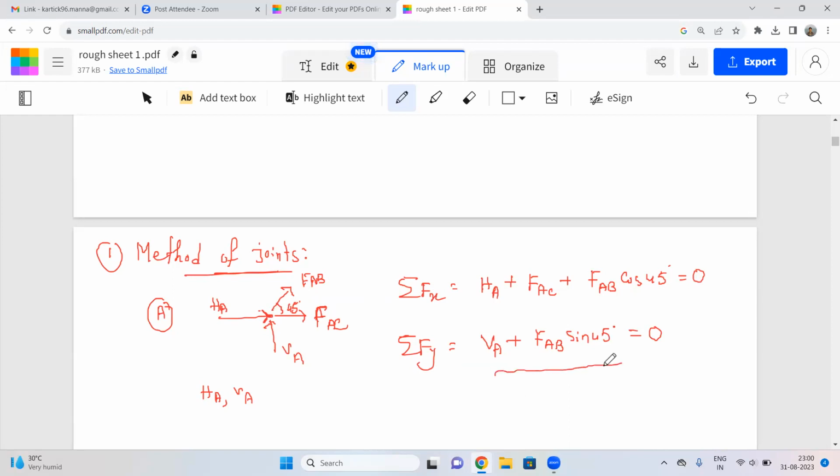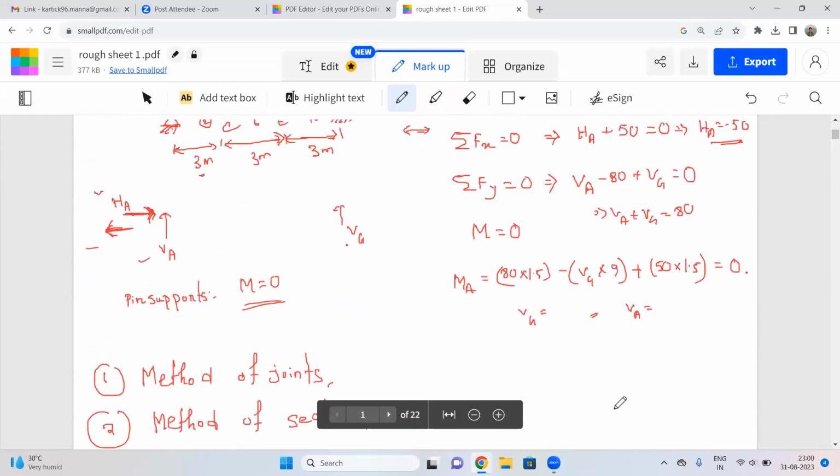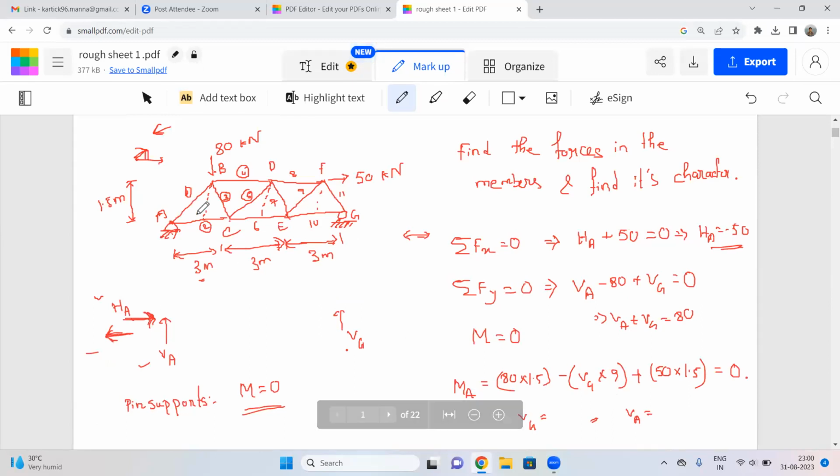From here you can calculate FAB because you know VA. By putting that FAB and HA, you can calculate FAC. So that means the forces in members 1 and 2 you have calculated.